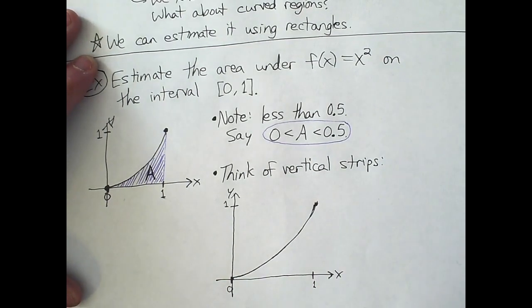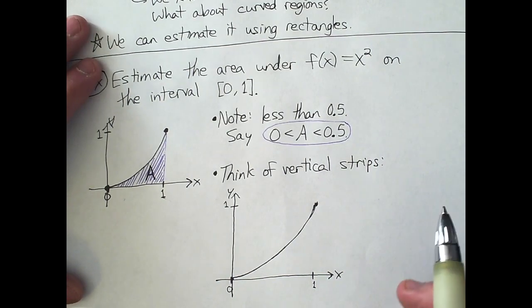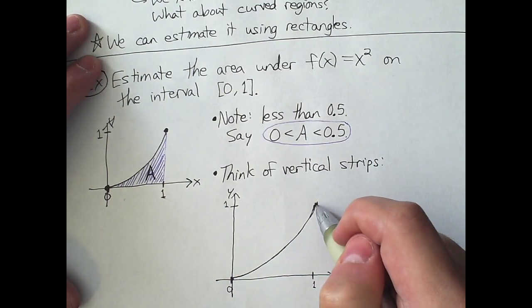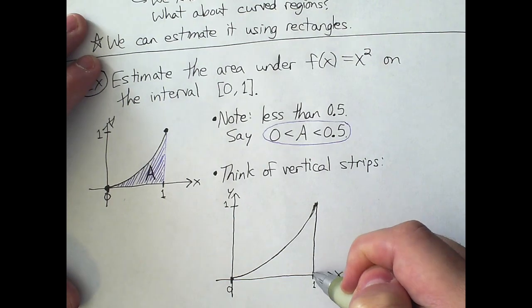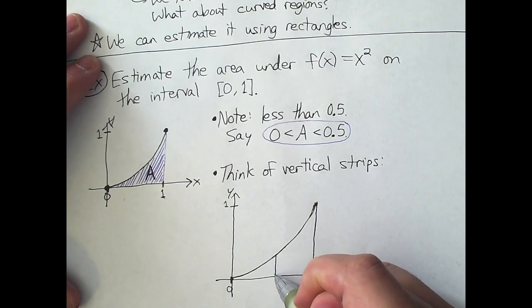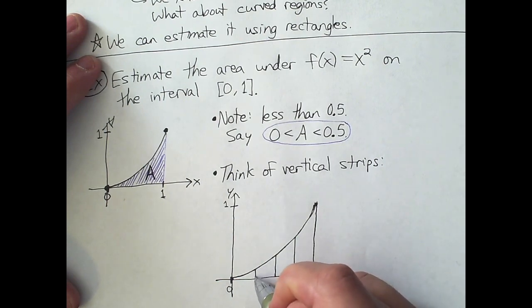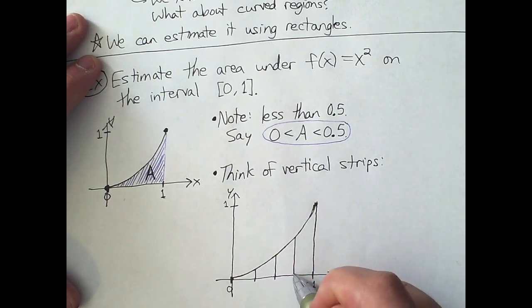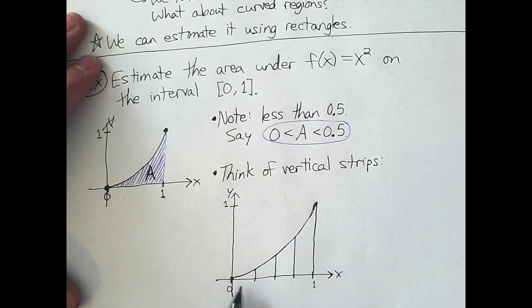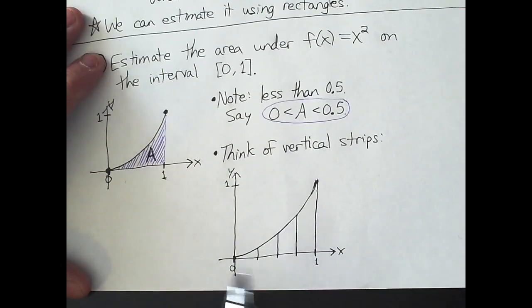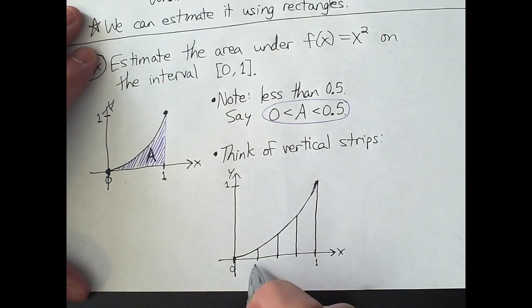I'm going to divide it into 4 vertical strips. Let's just try to make 4 vertical strips that have the same width. There's a fourth of it, another fourth of it, another fourth of it, and another fourth of it. If these all have the same width, the width would be 1/4.